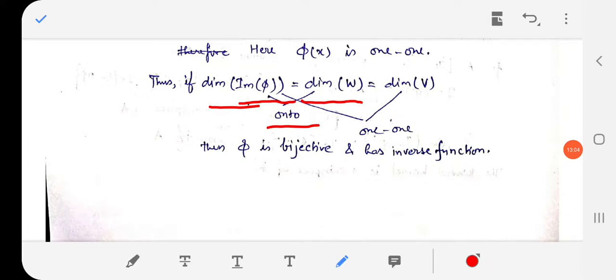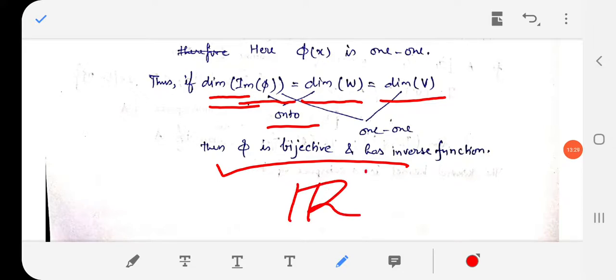If the dimension of the image of phi and the dimension of V are the same, it's one-to-one, because the input space dimension and the output space dimension are the same, and hence it is one to one. So that makes a bijective function, which means you are moving from R^n to R^n.